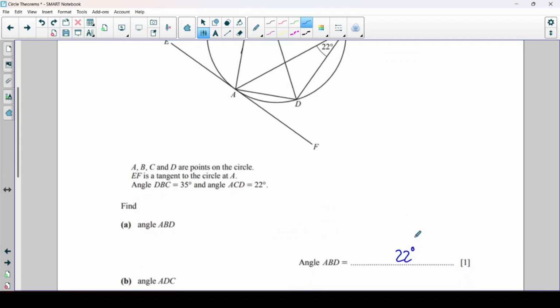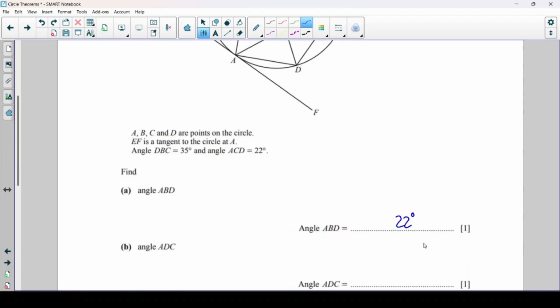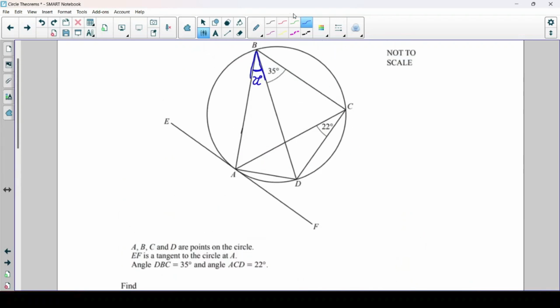The next one asks us for ADC. So ADC is this angle here. It's important to notice that, well, you might be thinking we could use one angle down here, but we don't have these, so I have to use something that I've already got. It's important to notice we have a cyclic quadrilateral.